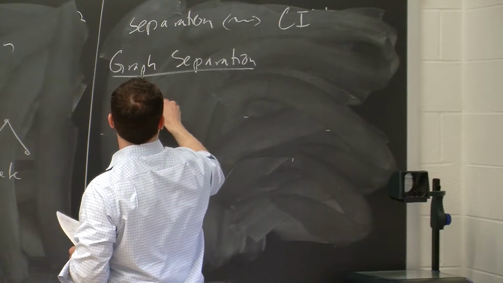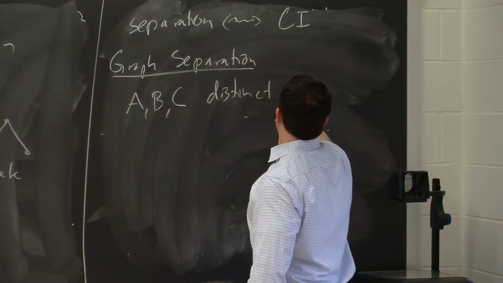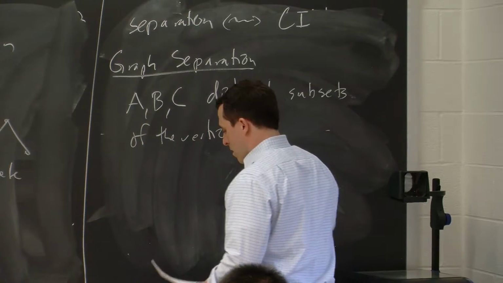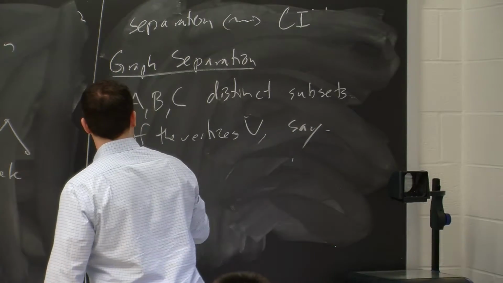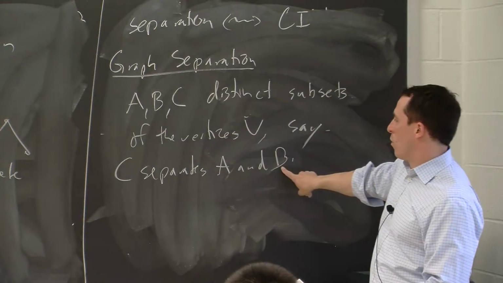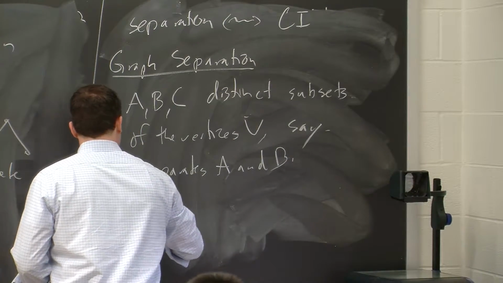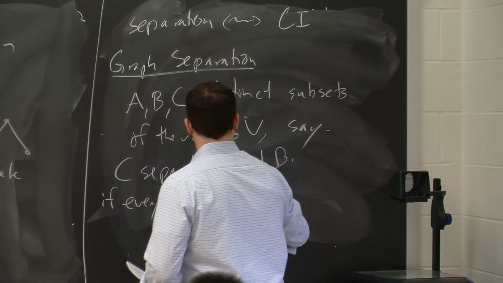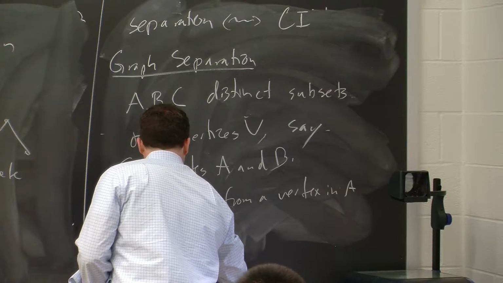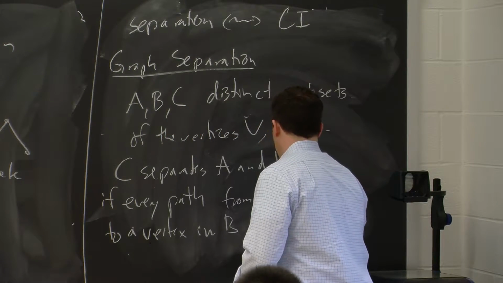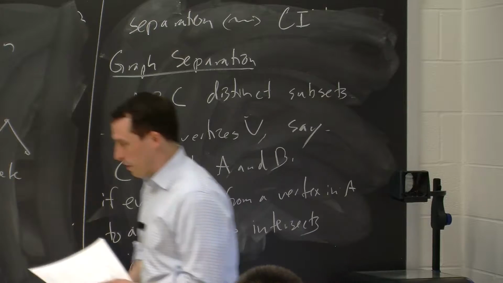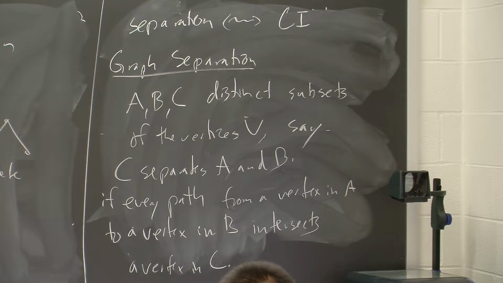If I have A, B, and C, distinct subsets of the vertices, we say that C separates A and B. So a subset of the vertices separates another subset from another subset if every path from a vertex in A to a vertex in B intersects a vertex in C. Okay, so that's a precise version of what it means for separation to happen.